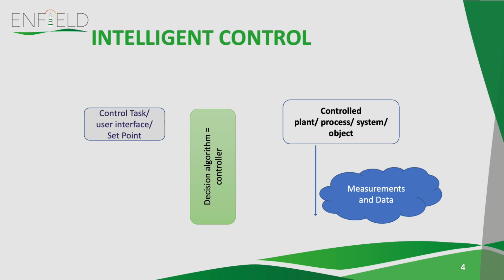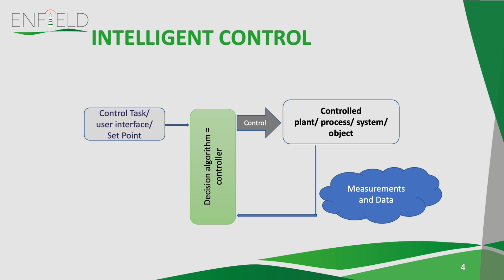All this information from requirements to measurements representing the real situation with the system comes into the decision algorithm that is also called controller, and this controller makes a decision what has to be done. Do we need to heat the room or do we need to cool it down? Do we need to accelerate the car or do we need to brake?